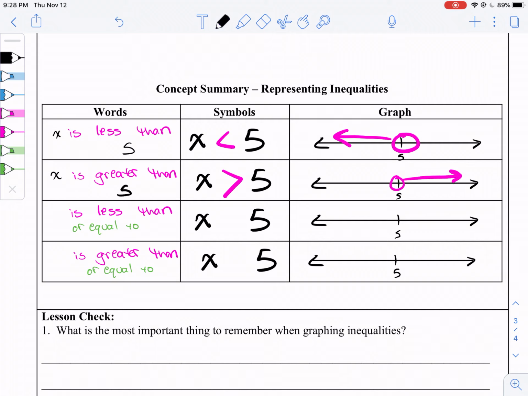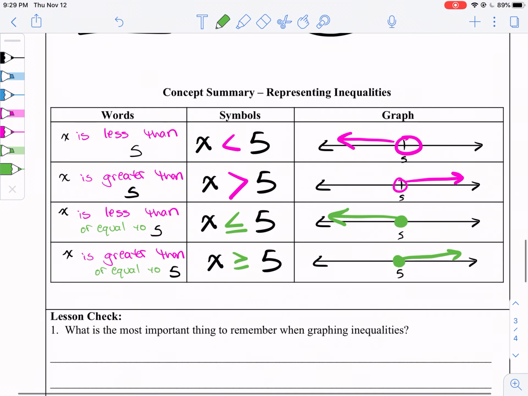However, if x is less than or equal to 5, then that's a solid circle, but still going left. And then if x is greater than or equal to 5, then that's this other way. It's a solid circle going to the right.